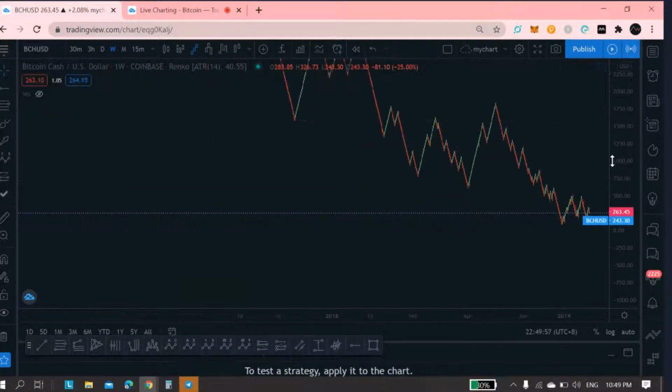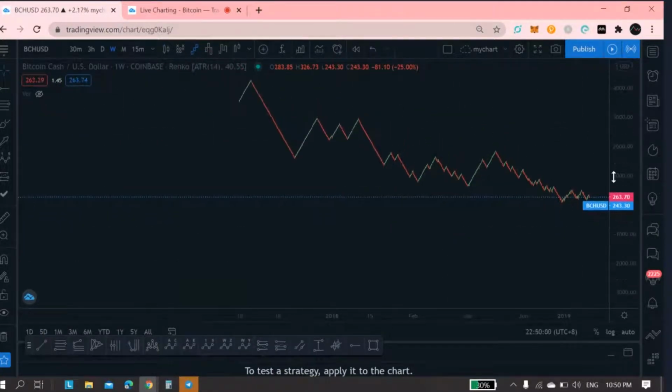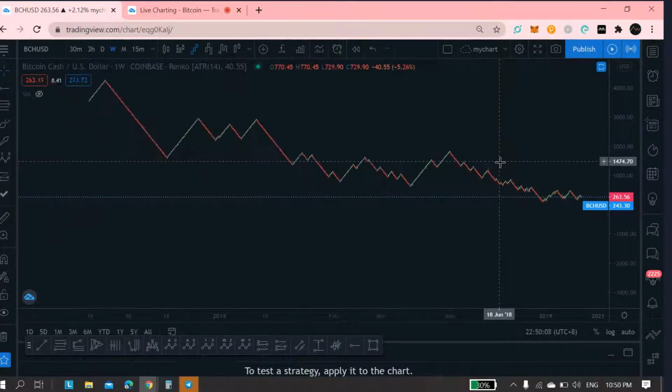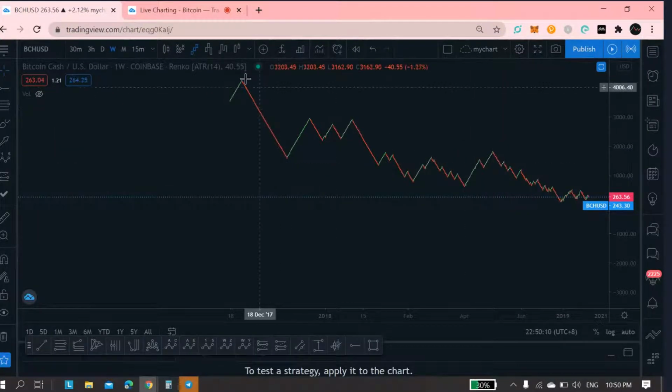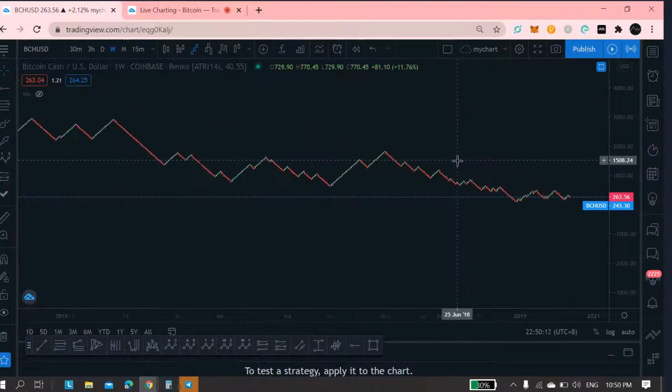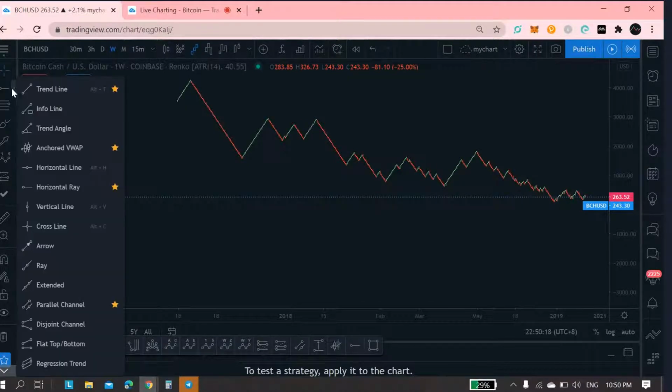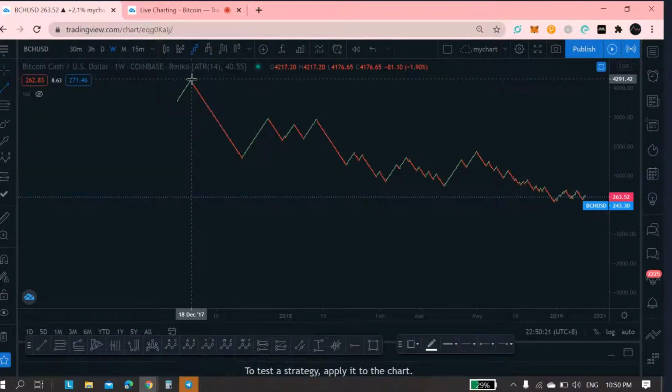I haven't tried trading it, but at the high of 4,200, and then from there, just trending lower. That's the weekly time frame.